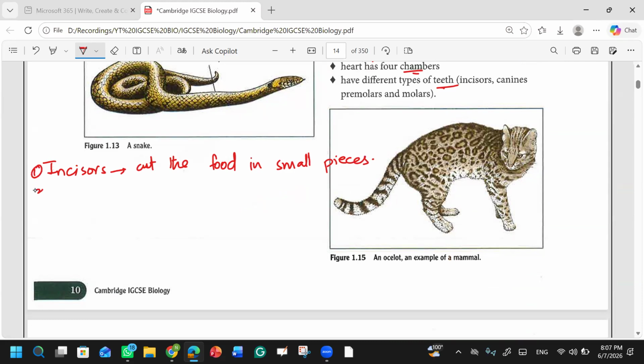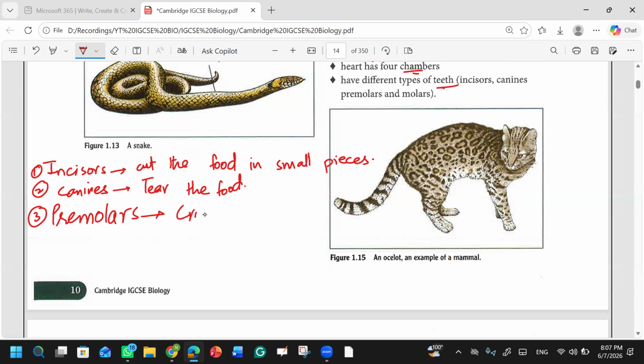Second, canines. They help to tear the food. Then you have premolars. Their basic function is to crush and grind the food.